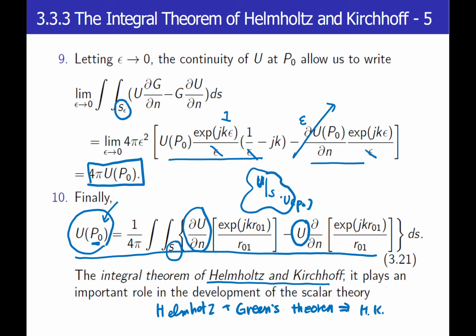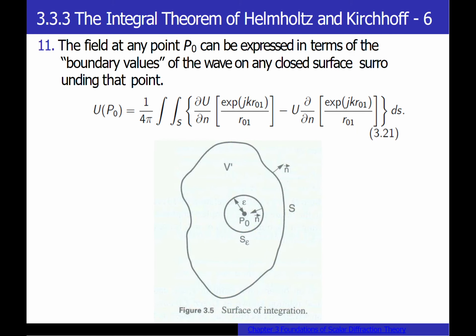What I'd like to tell you is that you don't have to derive the whole thing, but the important thing is that you need to follow the logic. Starting from Maxwell's equations, then wave equations, then Helmholtz equations and Green's theorem, we end up with the Helmholtz-Kirchhoff theorem. Okay, and do we still have more to go? Yes, we do.